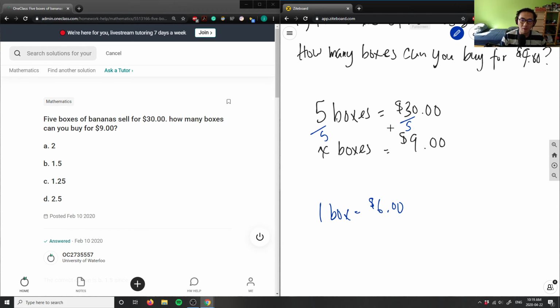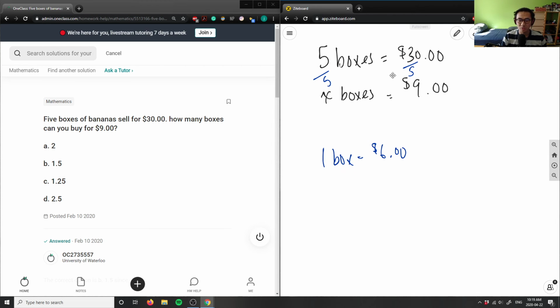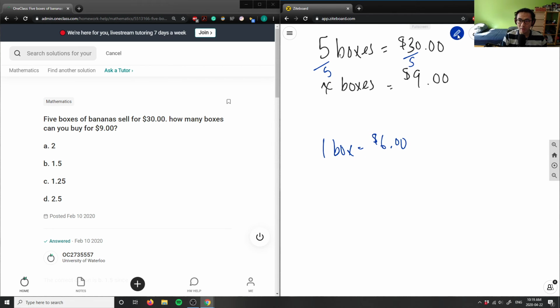So if I know that 1 box equals $6, I can do a proportion between X boxes and $9.